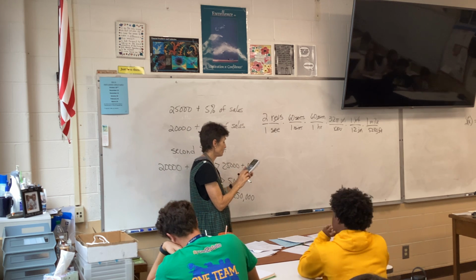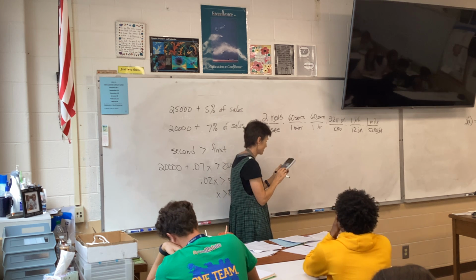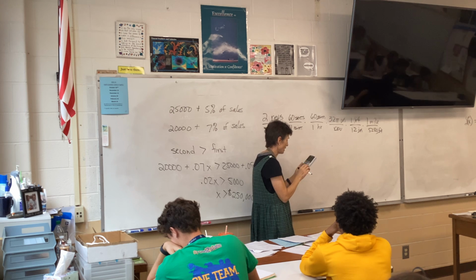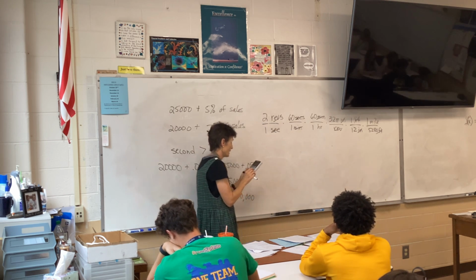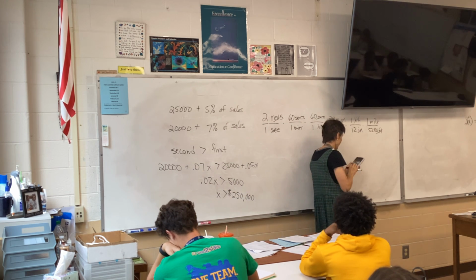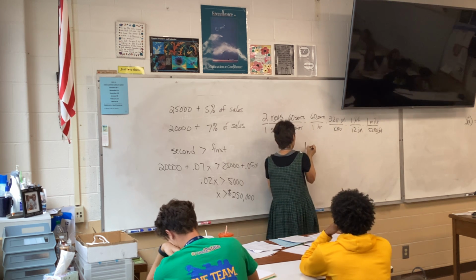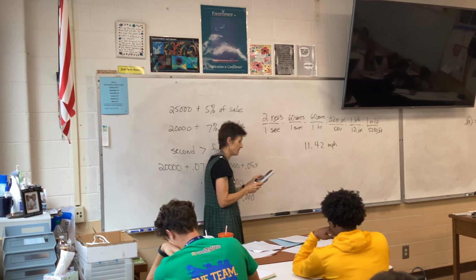So 2 times 60 times 60 times 32 pi. That's it for the top. And then I have to divide by 12 and divide by 5,280. So I got 11.42 miles per hour if I type that in correctly.